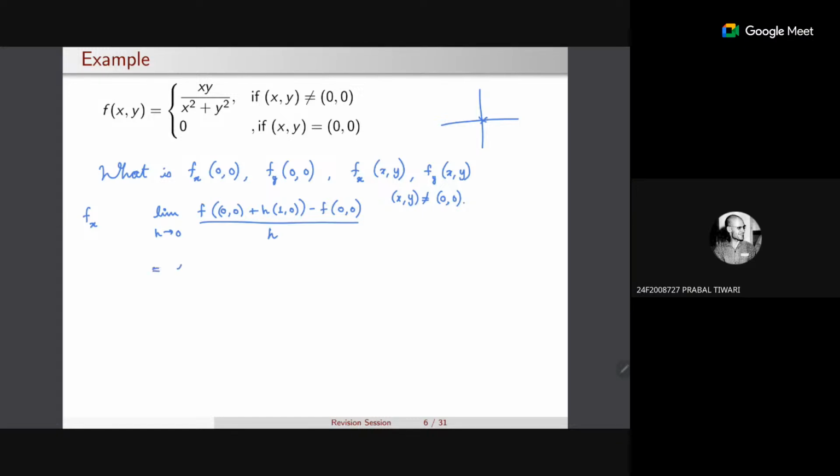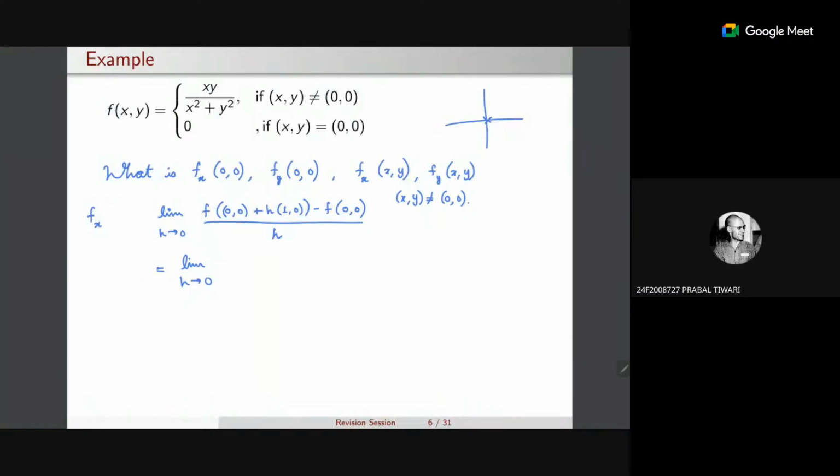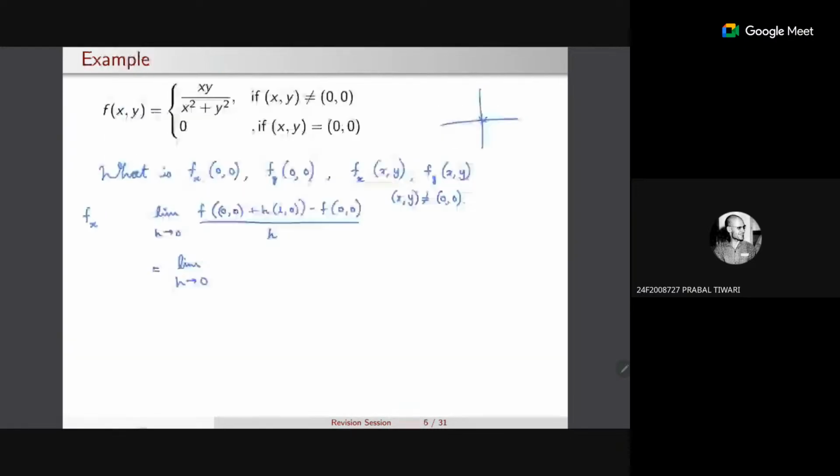So this is the limit as h goes to 0 of f of h, 0 minus f of 0, 0. What is the given value of f of 0, 0? It is 0, so this is 0 divided by h. And what is f of h comma 0? Put it in the equation, the other form.